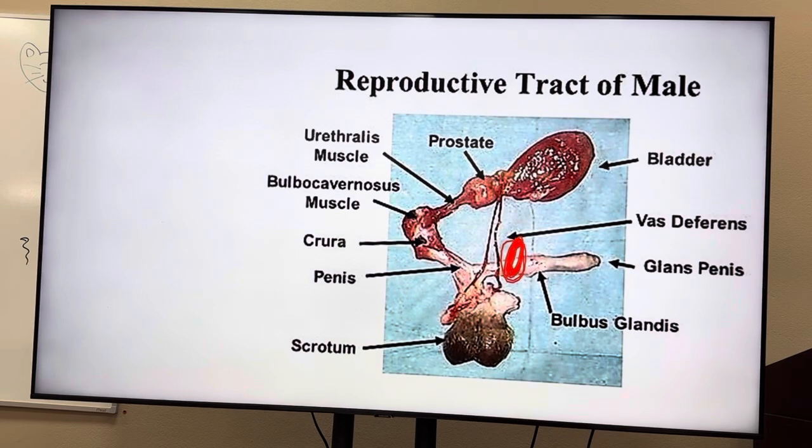So it locks itself within the female vagina, and it only becomes flaccid after ejaculation has occurred.